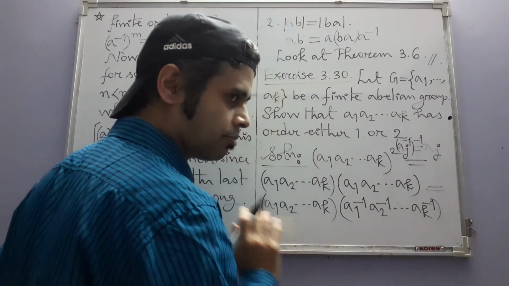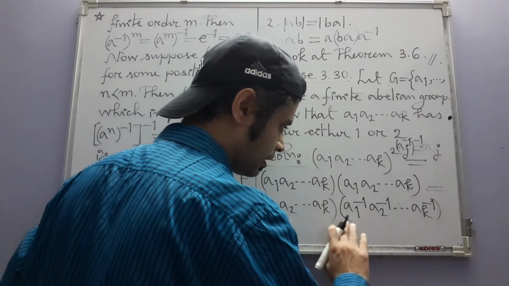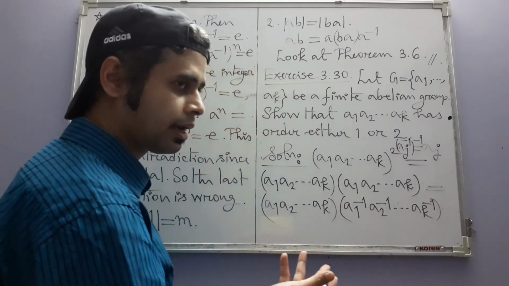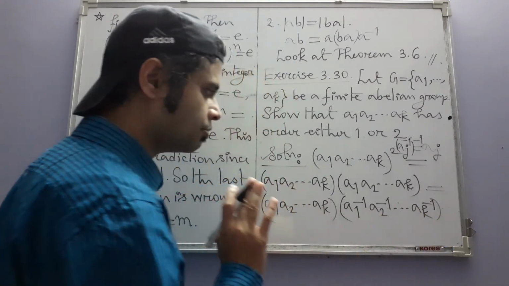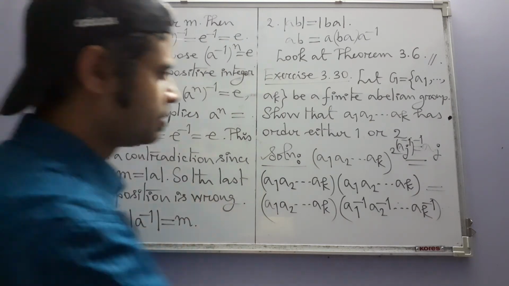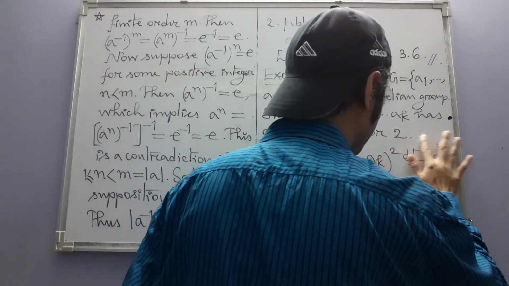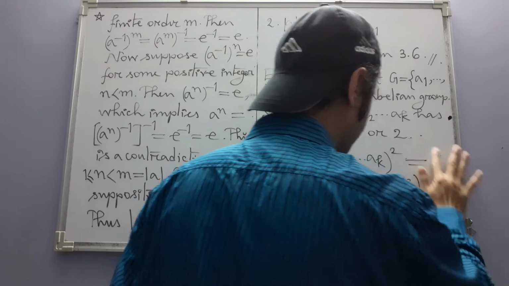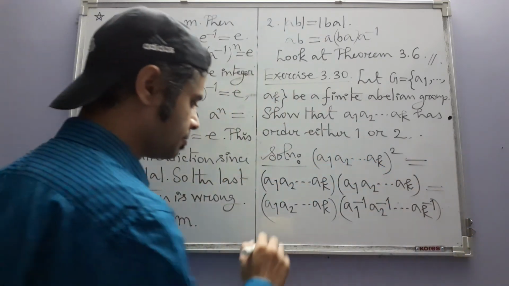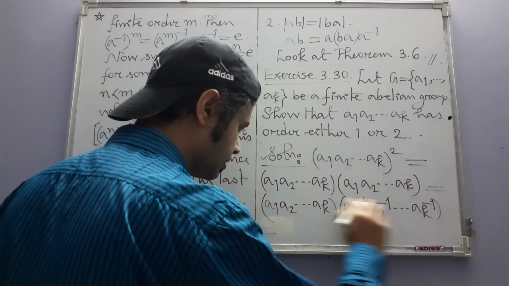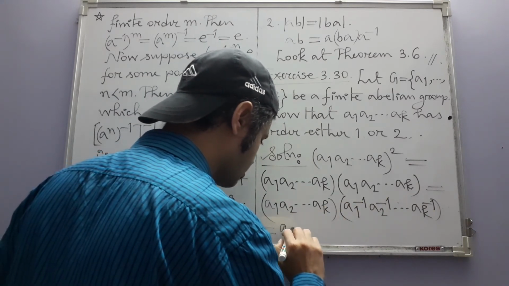The order I have been able to change, and I have been able to freely choose the order as I like. That is because the group is abelian. And now, using the fact again that the group is abelian, I can write this entire thing like this.